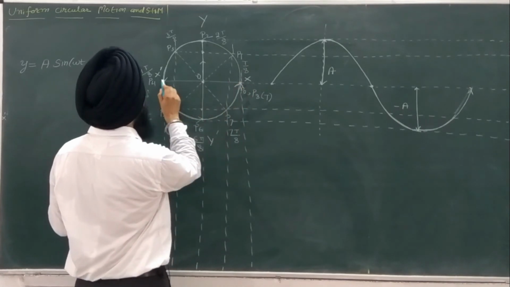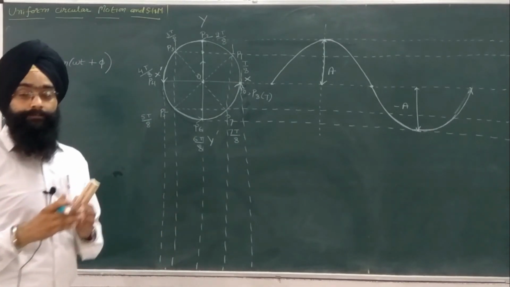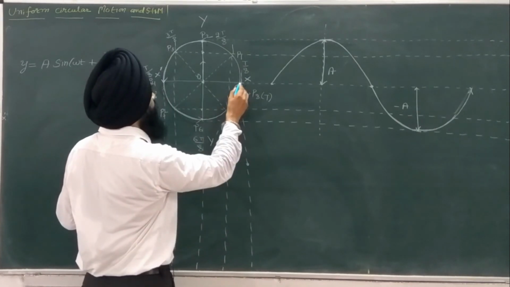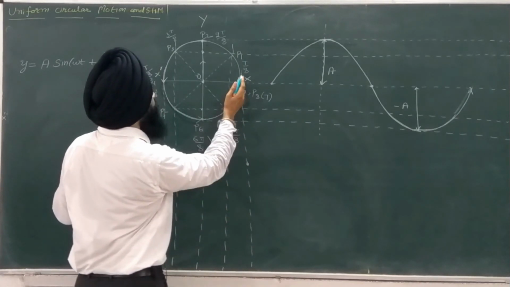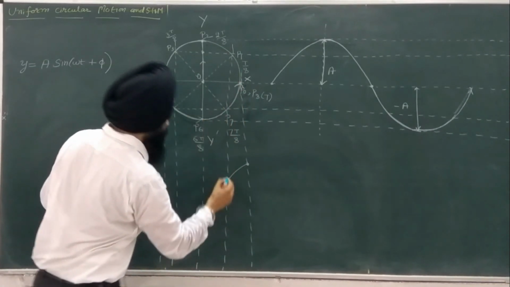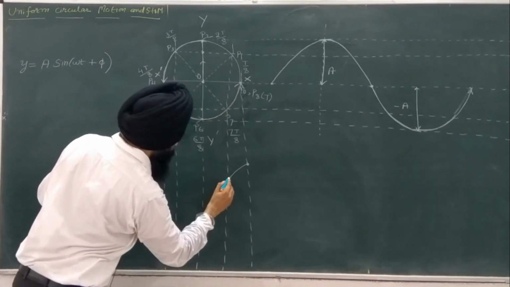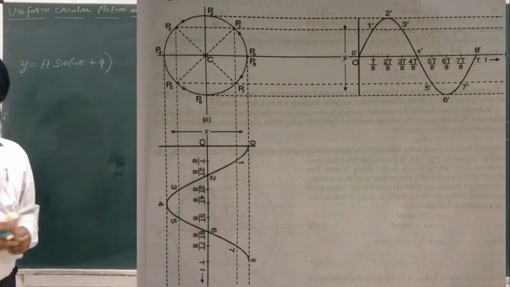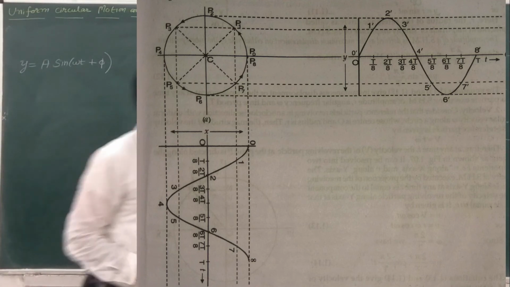At this position along x dash OX, the projection value is maximum. It means the value of displacement will be maximum. So we will be at the point here. When the particle reaches this point, the displacement goes on decreasing like this. When the particle reaches the extreme position, the projection decreases up to the 0 point like this. So this is the graphical representation of uniform circular motion in terms of simple harmonic motion.